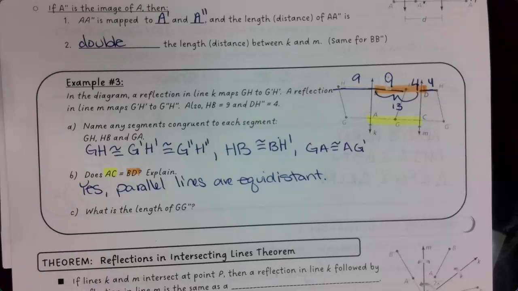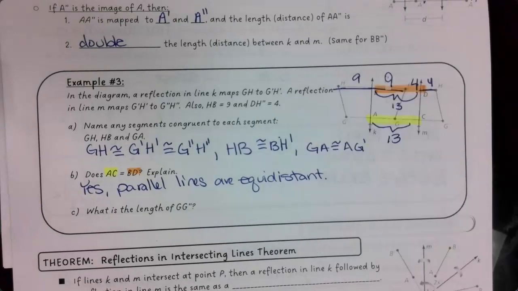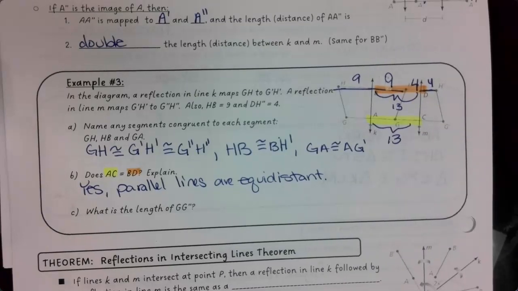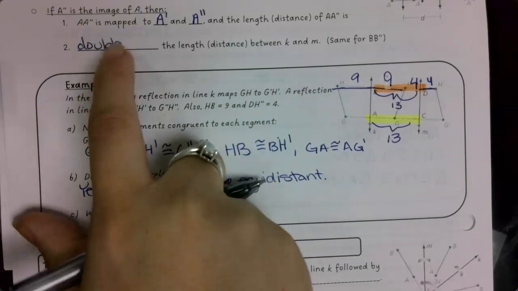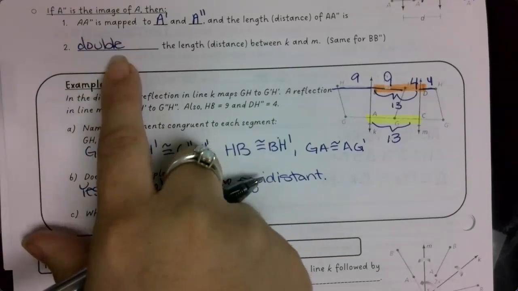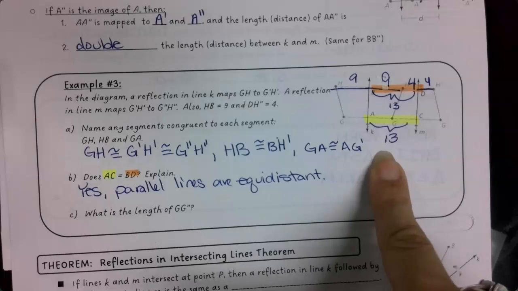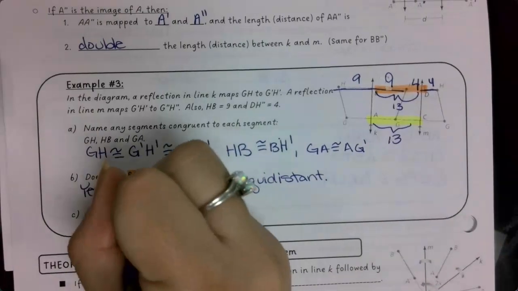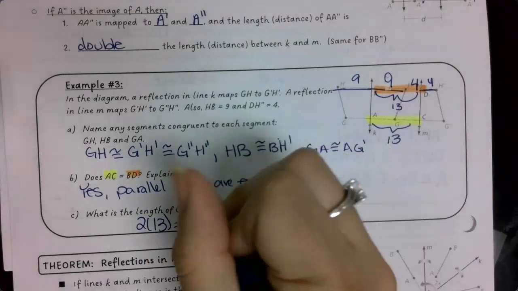And then in part B, we said that that orange piece is equal to the yellow piece, so that's also 13. And up above, we said that the length of G double prime is going to be double the length between K and M. So I just do 2 times 13, which gives me 26.